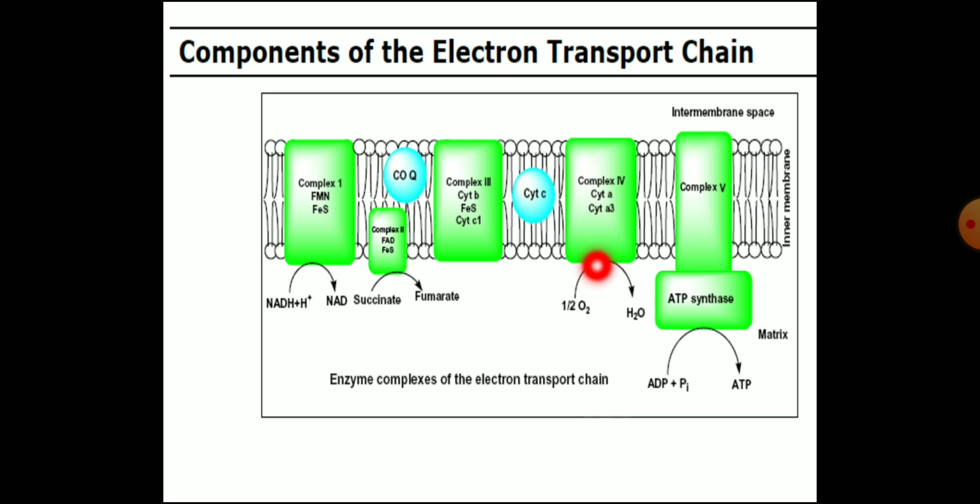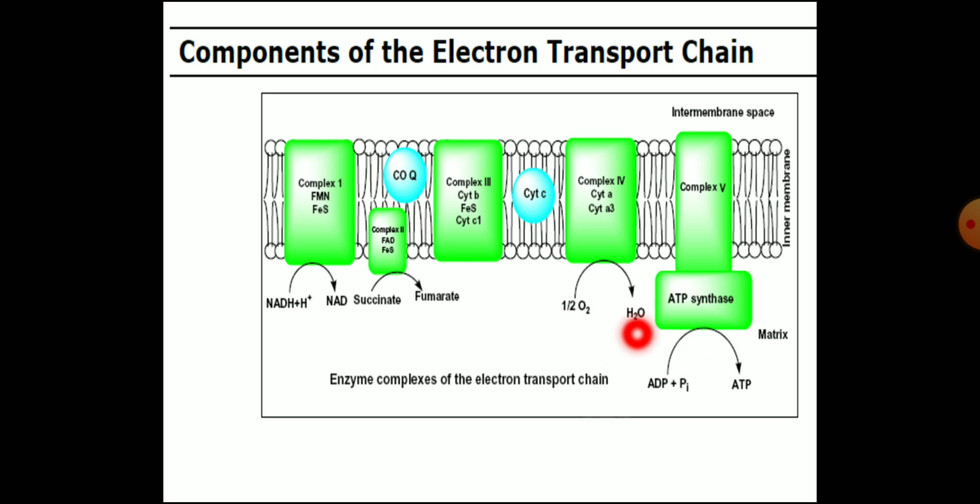Finally electrons are transferred to oxygen and oxygen is reduced to water. The liberated energy is trapped to form ATP by the ATP synthase complex, or complex 5, where ADP and Pi combine to form ATP, and that is the final thing occurring in the matrix of the mitochondria.